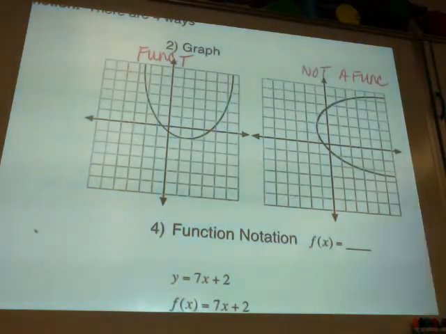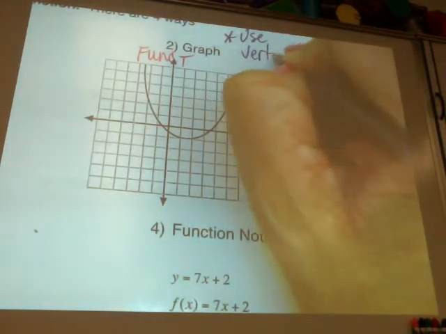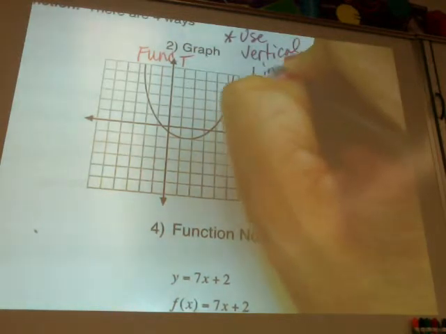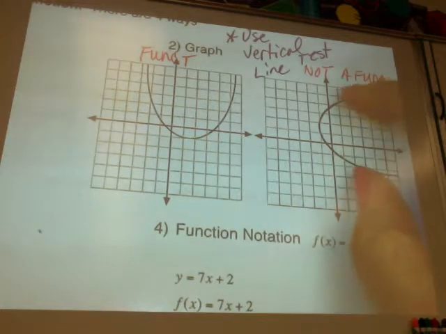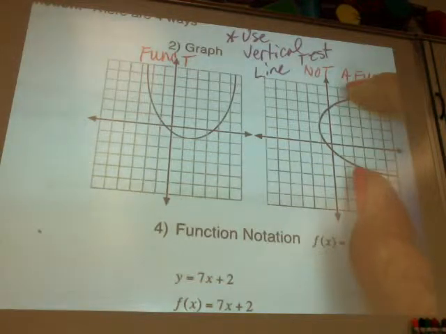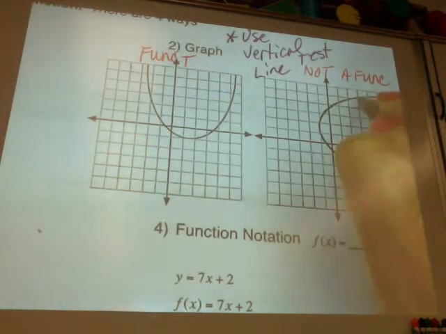And you want to use your vertical line test. So the point is that we don't want 2 points to be vertical to each other. If 2 points are vertical to each other, do they have the x in common or the y in common? So look at this ordered pair here. Let's look at this one and this one.